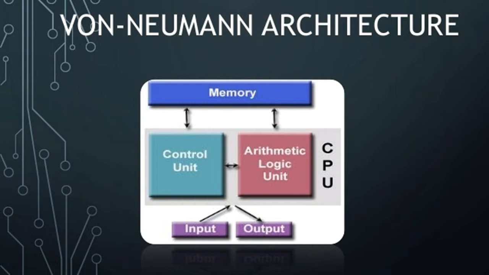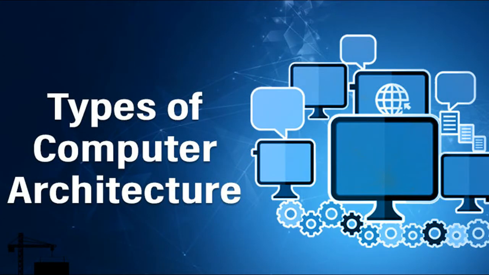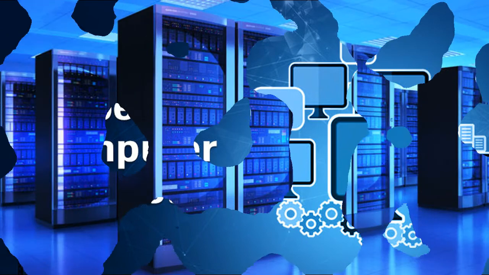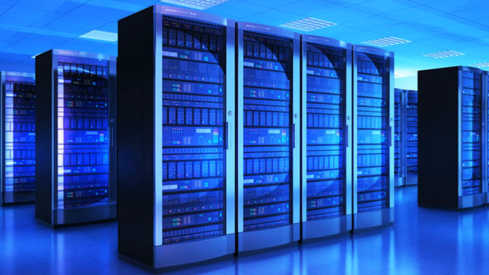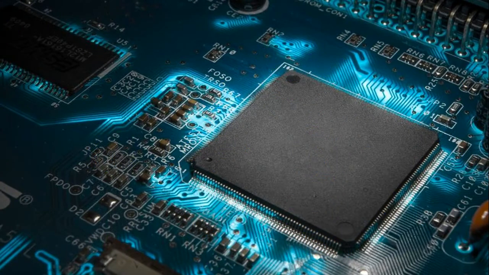The discipline of computer architecture has three main subcategories. Instruction set architecture, ISA, defines the machine code that a processor reads and acts upon, as well as the word size, memory address modes, processor registers, and data type. Microarchitecture, also known as computer organization, describes how a particular processor will implement the ISA.